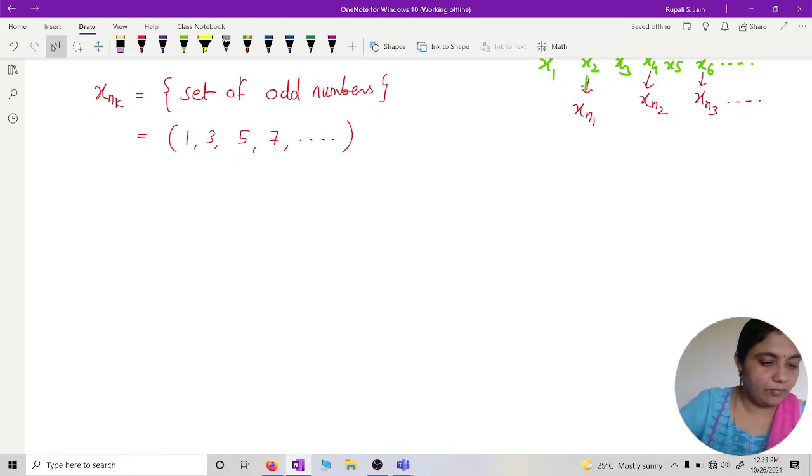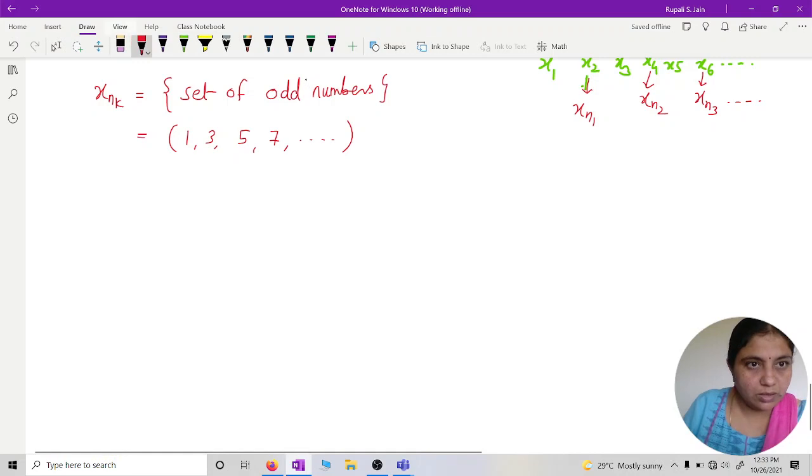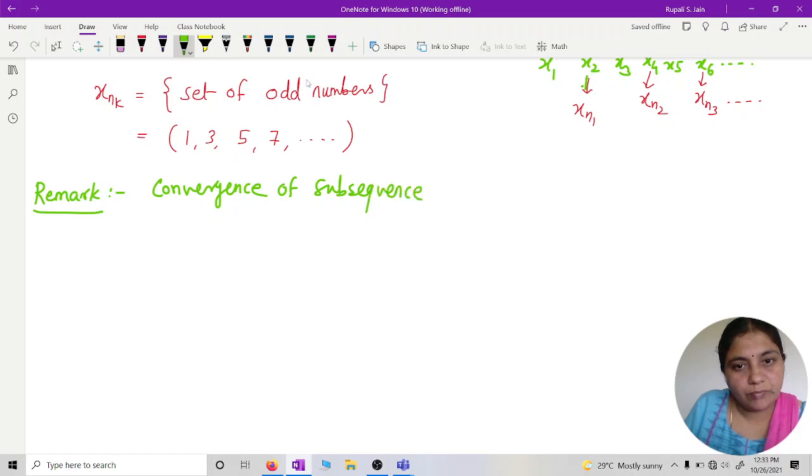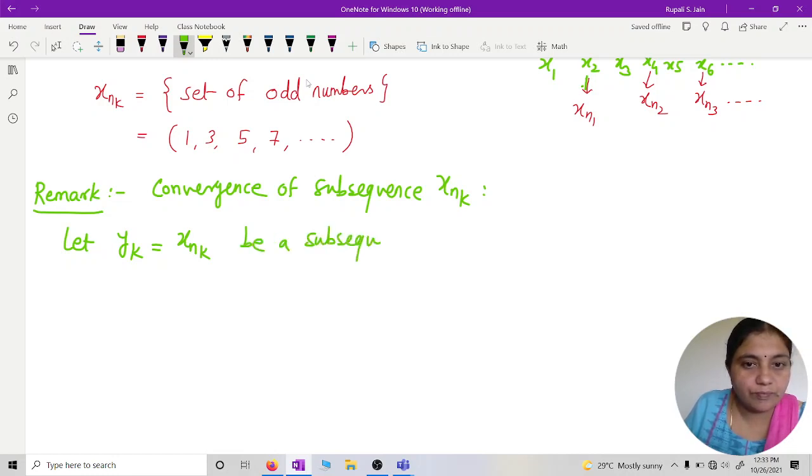Remark: convergence of a subsequence xnk means what? Let yk = xnk be a subsequence of the sequence xn.